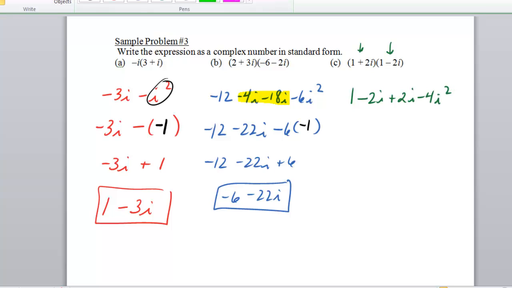The first thing we see is that the middle terms end up canceling each other out. Those cancel, leaving us 1 minus 4 times i squared, which is replaced with the negative 1. This leaves us 1 plus 4, which leaves us with a 5. So it's very important that you understand complex conjugates. We're going to use that in the next video.